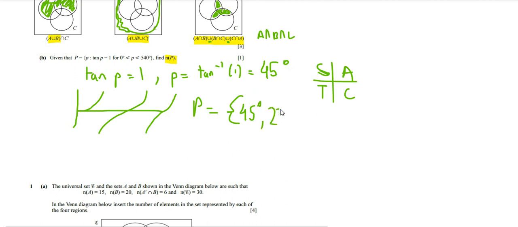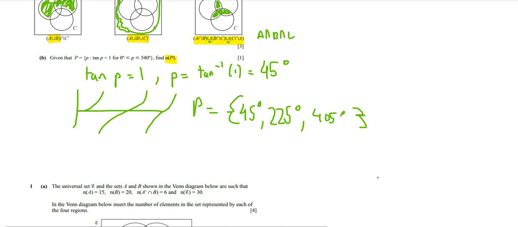We've got 225. And let's add 180 degrees to that as well. We've also got 405. Now let's try adding 180 degrees to 405. We get 585. Well, unfortunately, that's greater than 540, so we can't include that. So we stop our set over there.